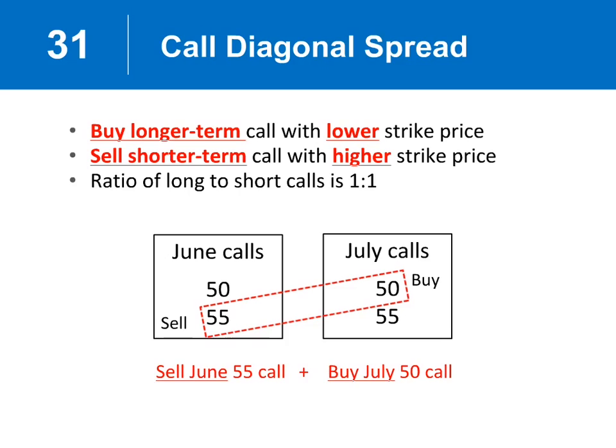Granted, we would certainly be taking in less of a credit because that 55 call is going to be worth far less than the 50 call, but this goes back to what different option position we want based on our opinion of the underlying.